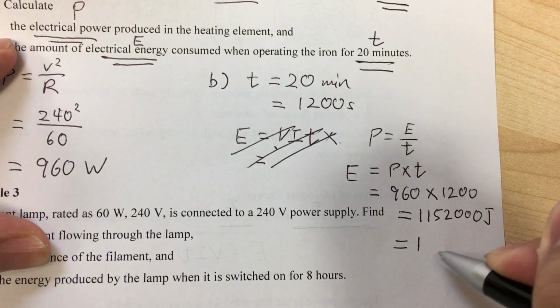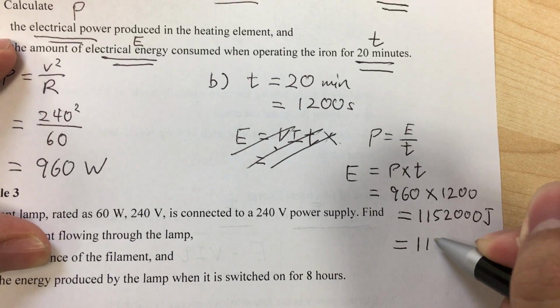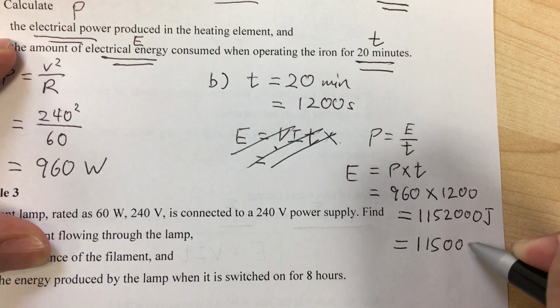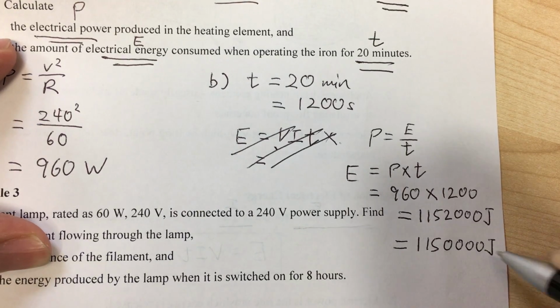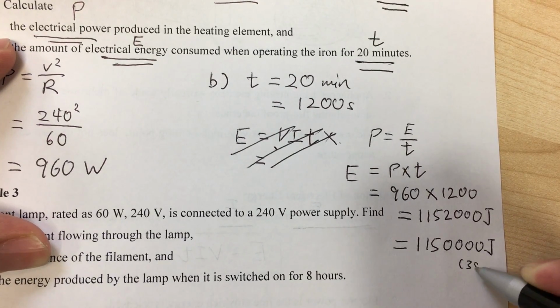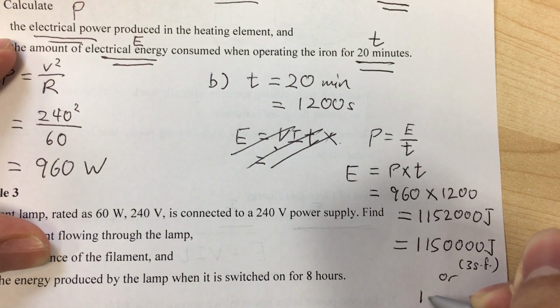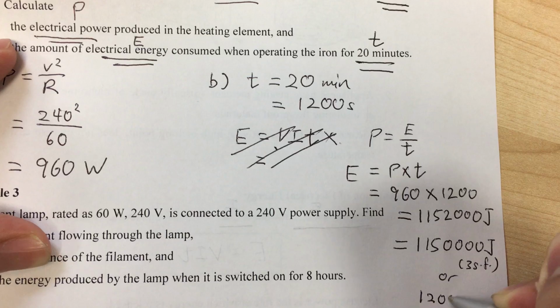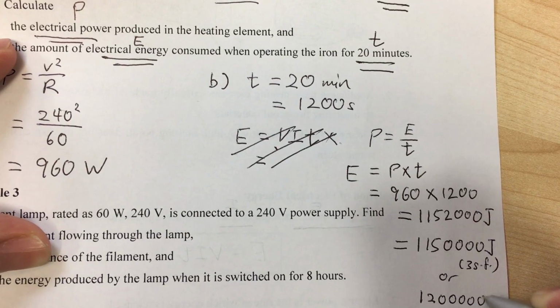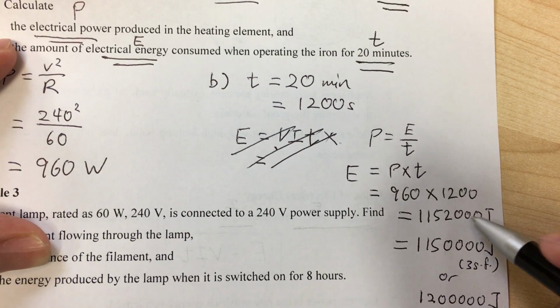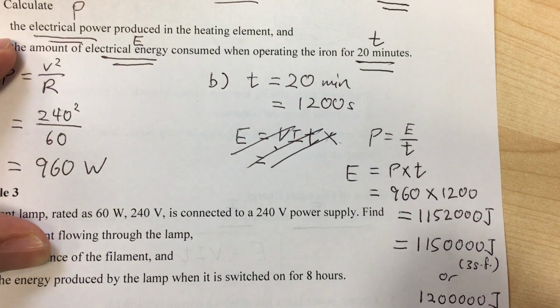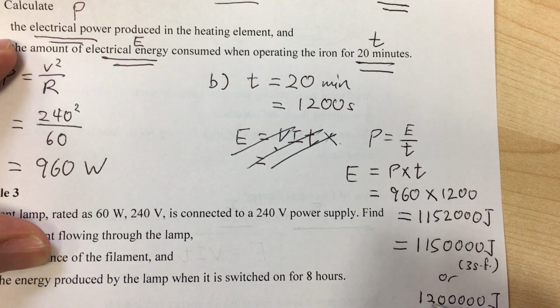So it should be equals to 115,000 joules for 3 SF, or your answer should be 120,000 joules.